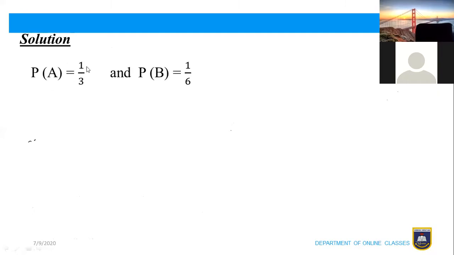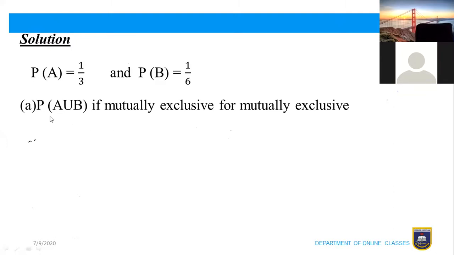Probability of A equal to 1/3. Probability of B is also equal to 1/6. So probability of A union B if mutually exclusive. We want to find that.